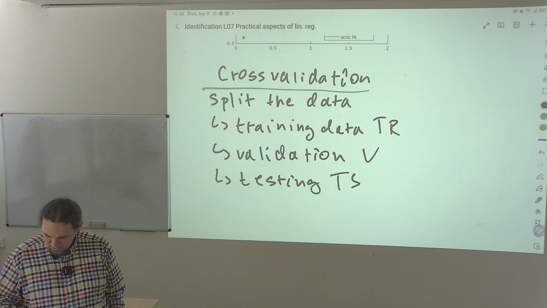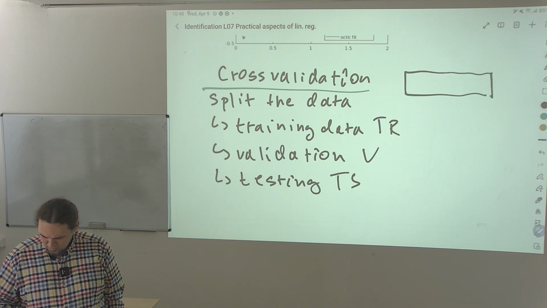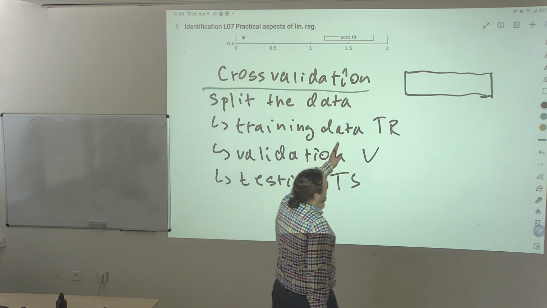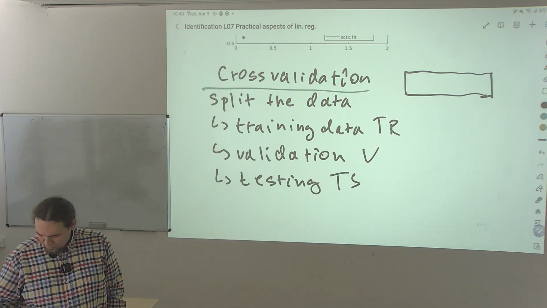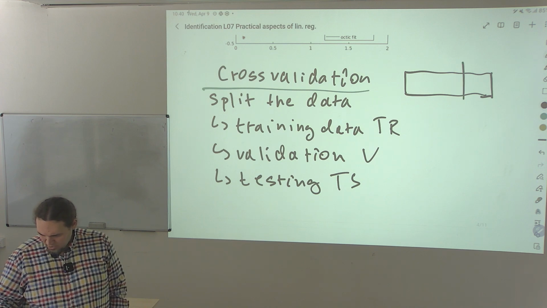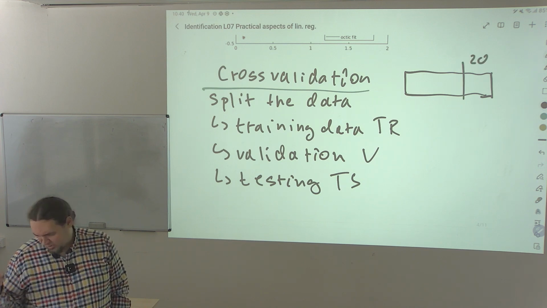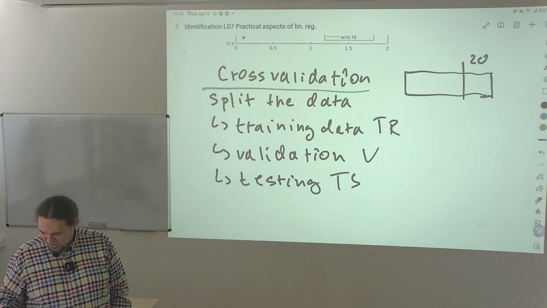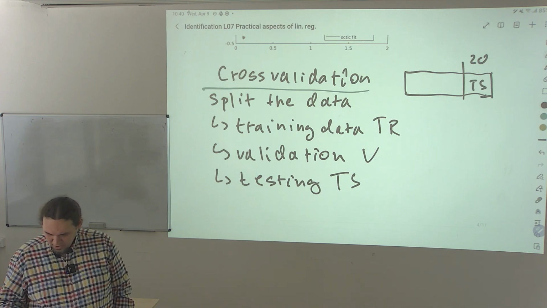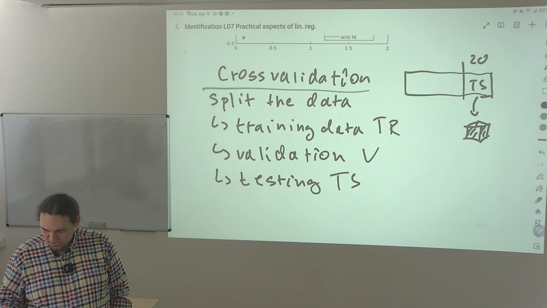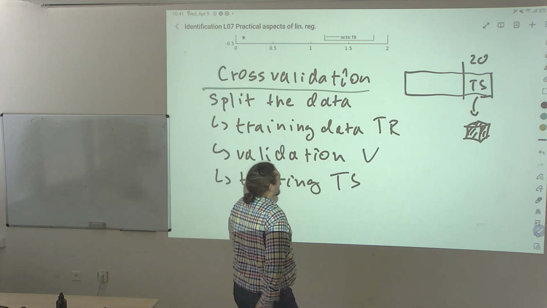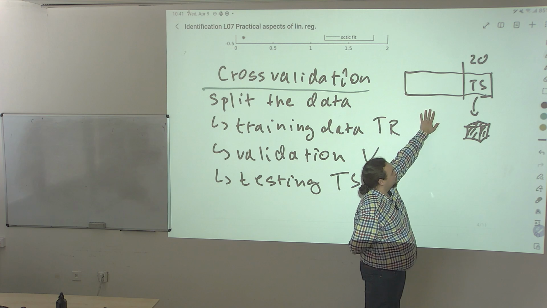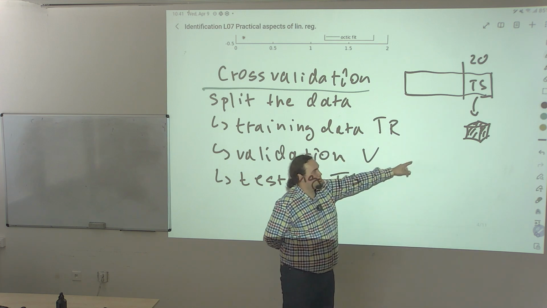The idea is that we have the whole pool of our data points, and we do the split. We will keep some of the data, typically something like 20%, but it varies, for the testing. This will be the data that we put in a black box in a vault before we start to do anything with the rest of the data, before starting to train the model.